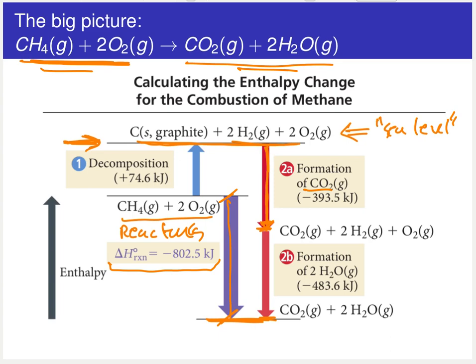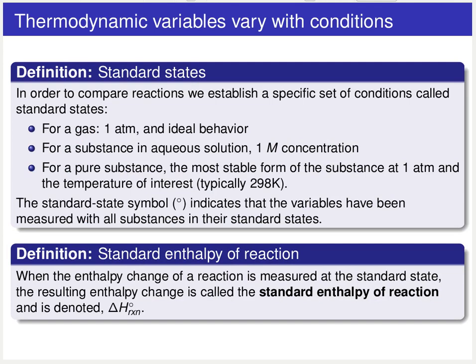Okay, so now let's go ahead and start dissecting this process in more detail. First off, it's important to keep in mind that all of these thermodynamic variables that we've talked about and that will be presented in future courses, they vary with conditions.